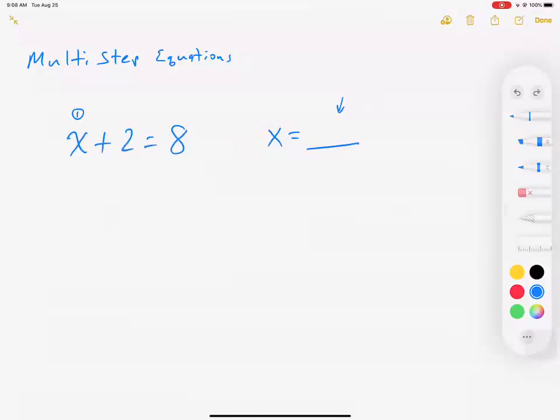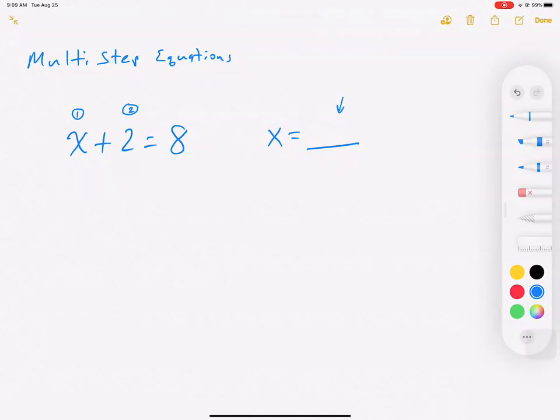So x is equal to, on my original equation, it's x plus 2 is equal to 8. x is not alone. So we have to then get it alone. So here we go. We decide, hey, I need to get rid of the 2. The opposite operation of plus 2 is minus 2.